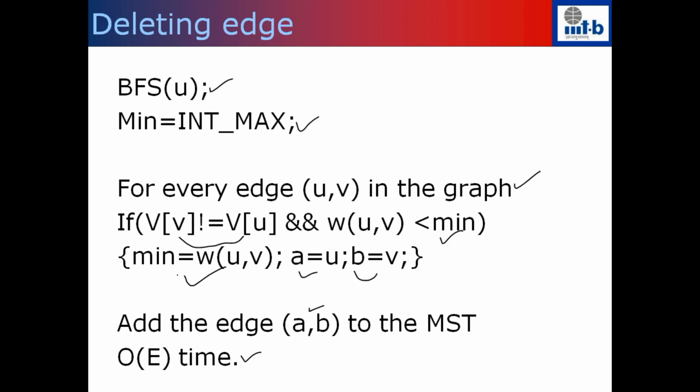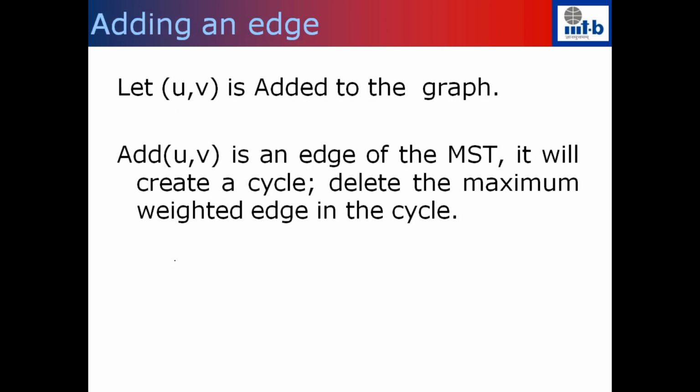So if the given spanning tree was a maximum spanning tree, in order to update it, instead of keeping track of the minimum, you update the maximum. Now let's turn our attention to how to update the minimum spanning tree. We'll discuss only the minimum spanning tree from now onwards.